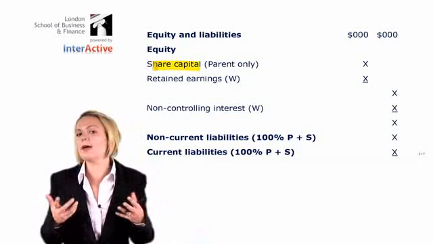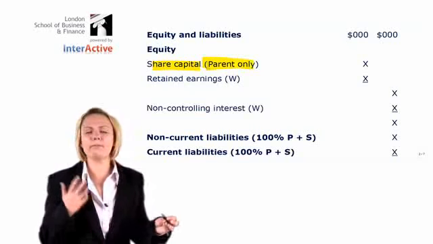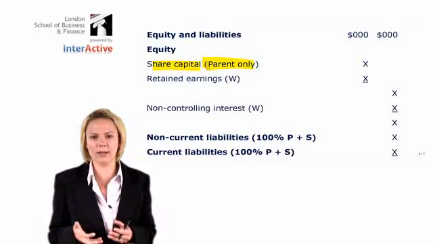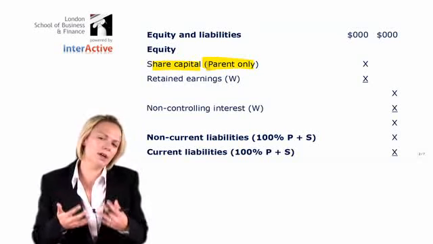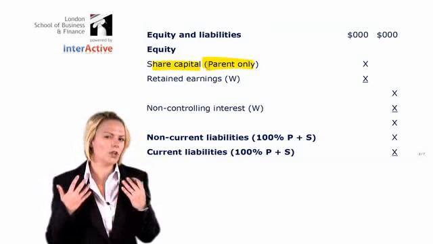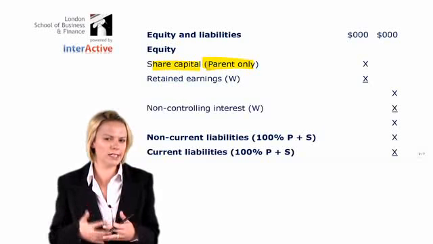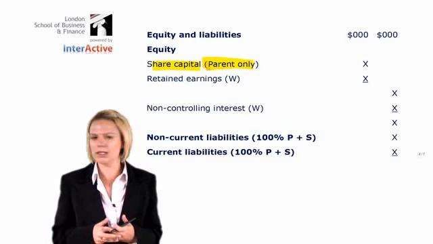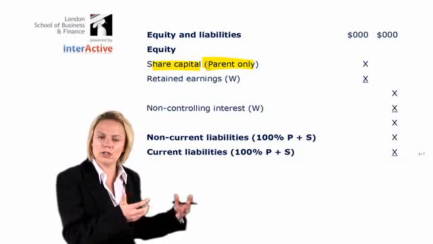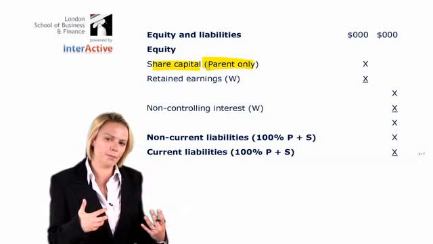Now, share capital and share premium, if it's there, is only going to show the parent's share capital and share premium. Now, I want you to ask yourselves this at home. Who are you preparing the consolidated statements of financial position for? Who wants that information? Would it be the owners of the parent shareholders, or the owners of the subsidiary shareholders?